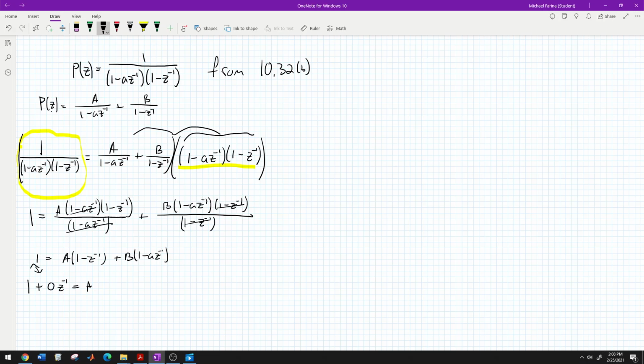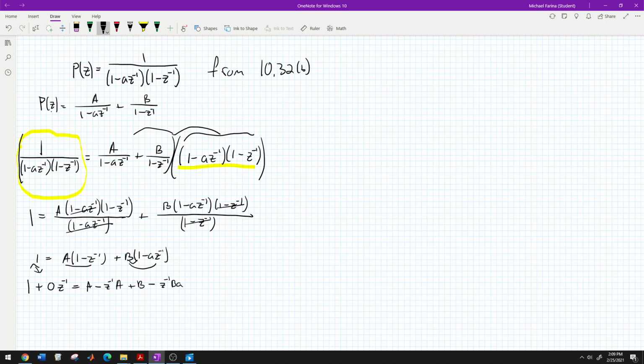So now I do A times 1 is A, and then A times negative Z inverse, plus B times 1, and then B times this term, minus, let's put the Z inverse in front, B times little a.